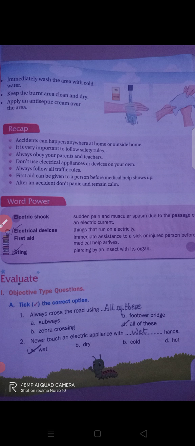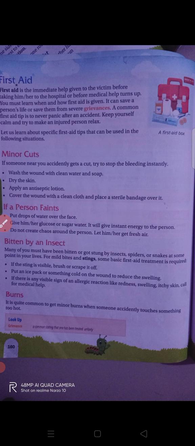So this is all about your safety and first aid. In case of a severe burn, you just go to the doctor. If it is a minor one only, then you just take the first aid help with the help of your parents.